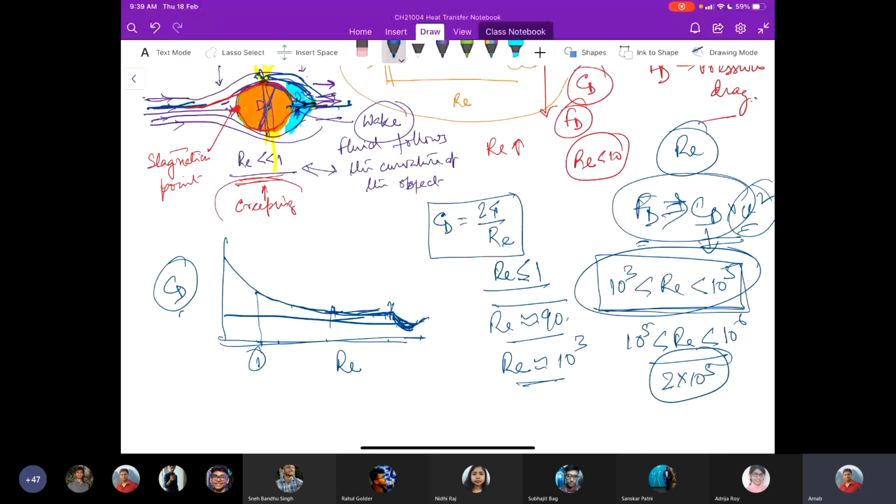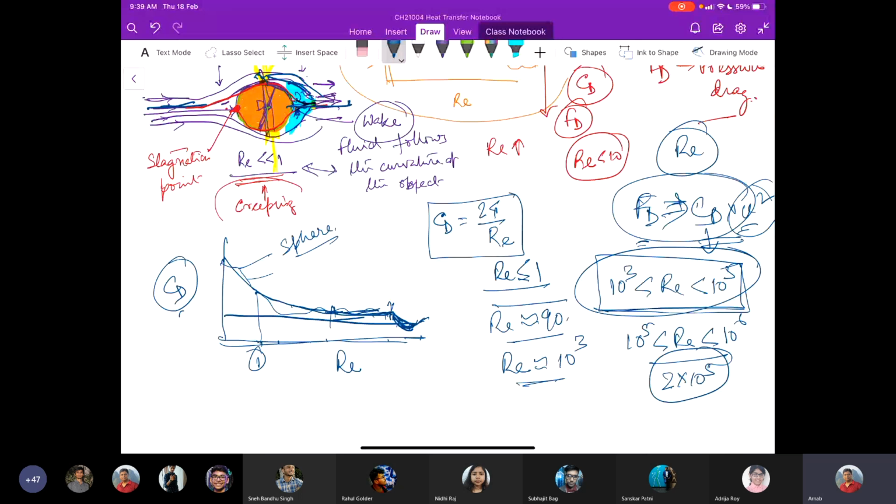This is the typical behavior of a sphere. A similar curve exists for a cylindrical body, a smooth cylinder.